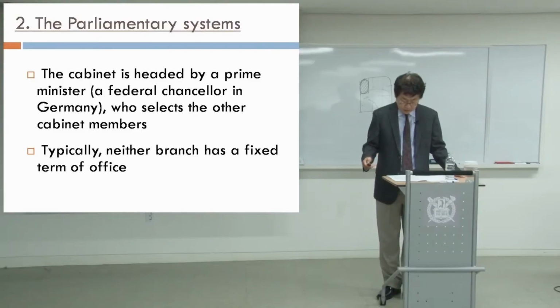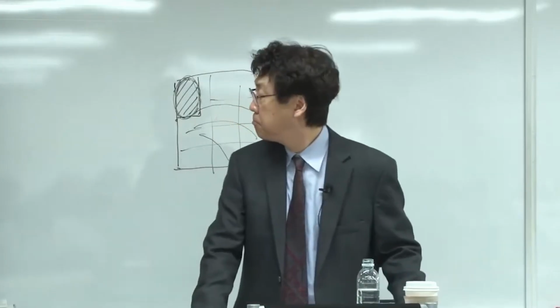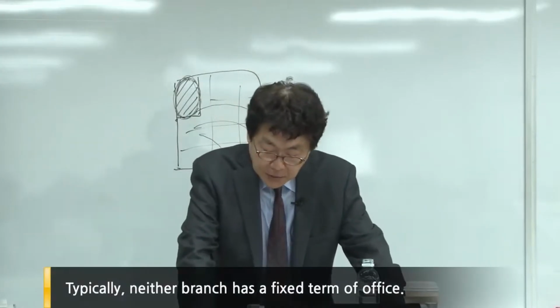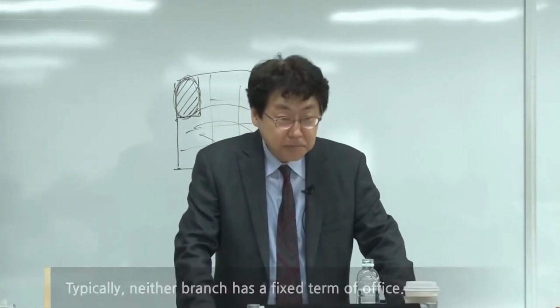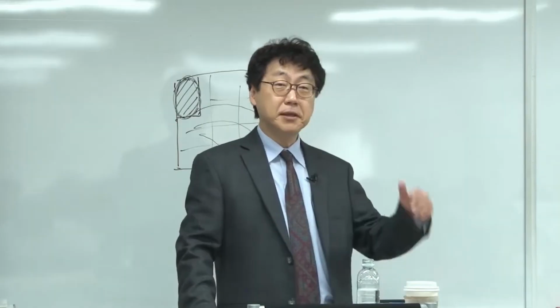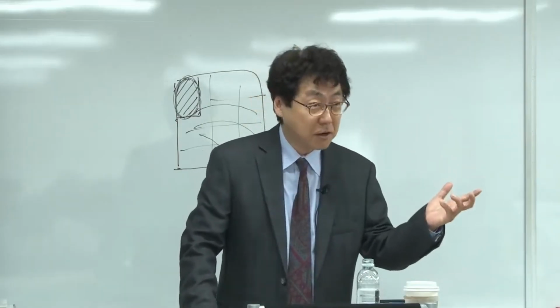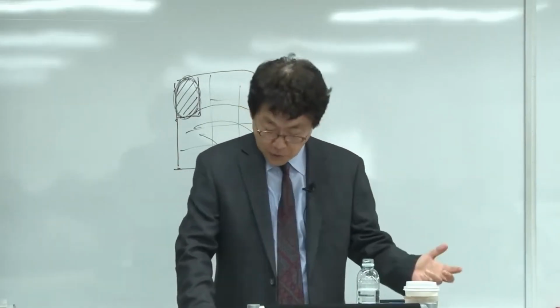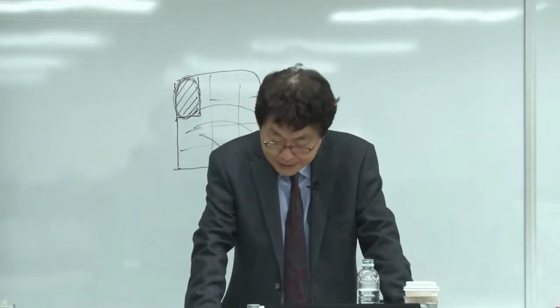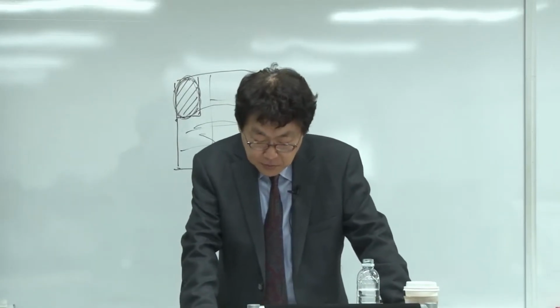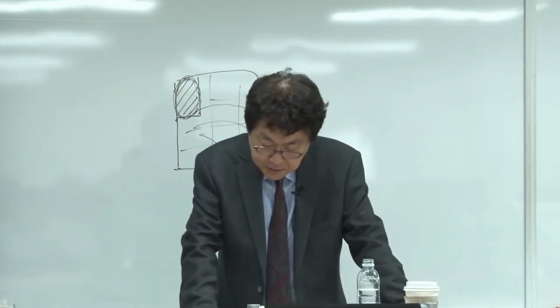And typically, neither branch has a fixed term of office. Does that mean they serve forever? Answer is no. So we are going to find out what this means when I say neither branch has a fixed term.